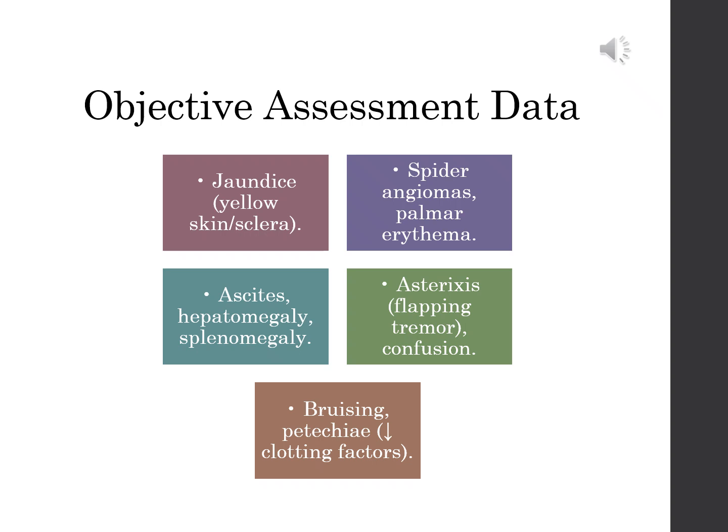If you have your patient who has liver failure hold their hands out in front of them, kind of like a zombie with their fingertips up, you'll notice that their hands kind of flap back and forth in a tremor fashion. That's called asterixis. That's very common for liver failure, and that would be a sign and symptom I would think to tie with this lecture for sure. They're also going to have confusion, and that's due to that increased ammonia level as well. We'll talk about that in depth a little bit later.